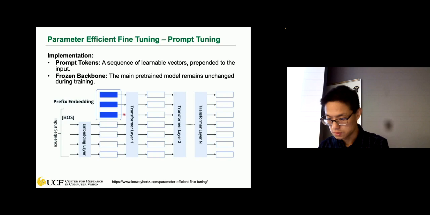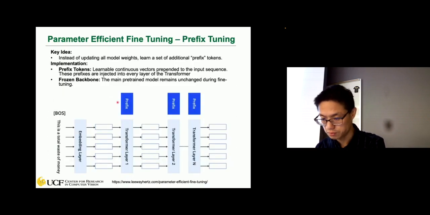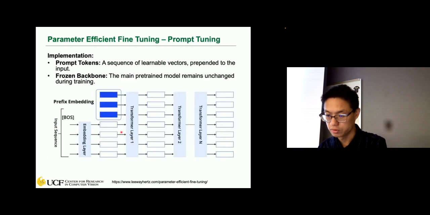This is a transformer for language processing: you have an input sequence of text tokens, which go to the embedding layer and become embedding tokens. You put some learnable prompts here, and hopefully these learnable prompts help adjust the representation. Compared to the prefix, which you apply at different layers of the transformer block, for prompt tuning you just apply it at the input.